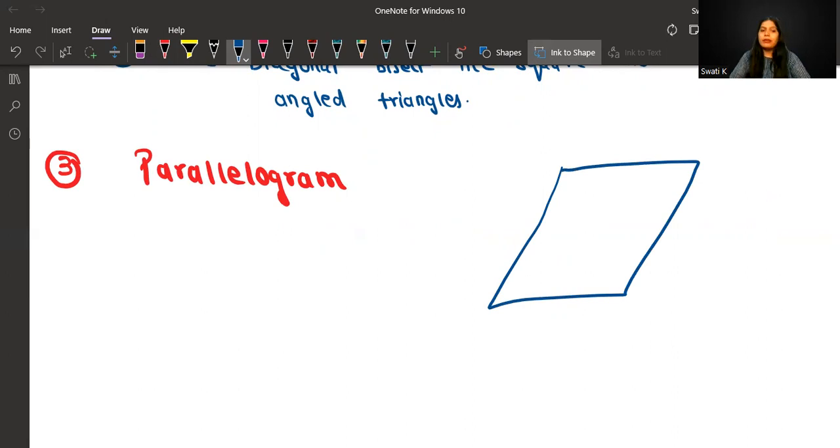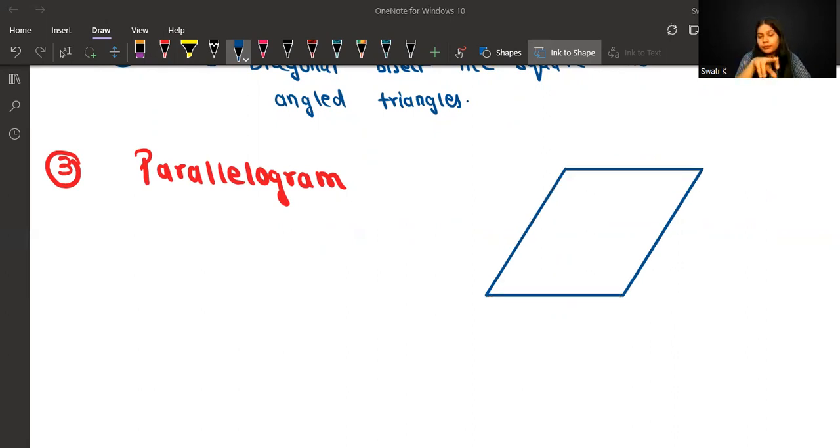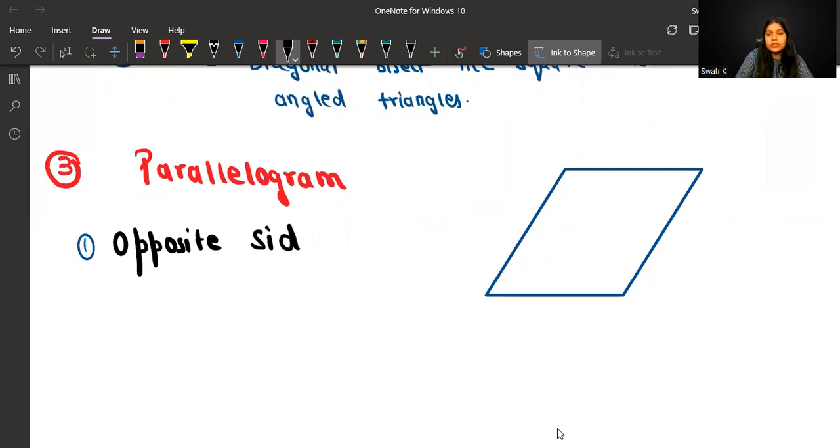So the very first thing about parallelogram is that the opposite sides are parallel and equal to each other. So you can simply write down here first property as opposite sides are parallel. In this particular picture, they're also equal. So opposite sides are, not just in this, but in general, they are equal only.